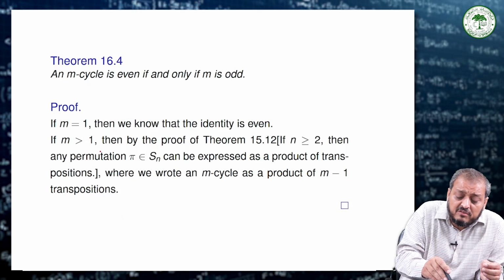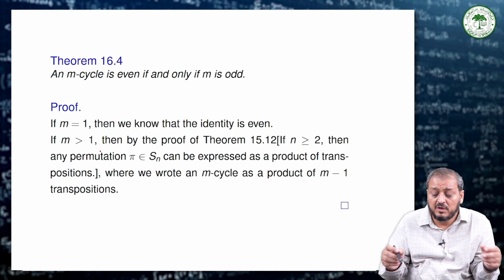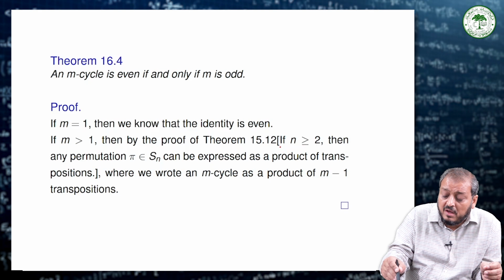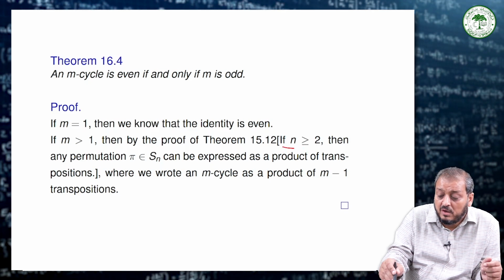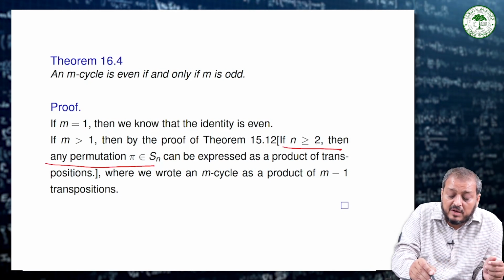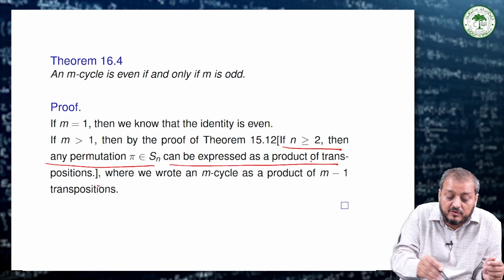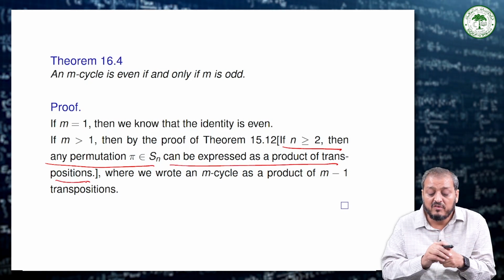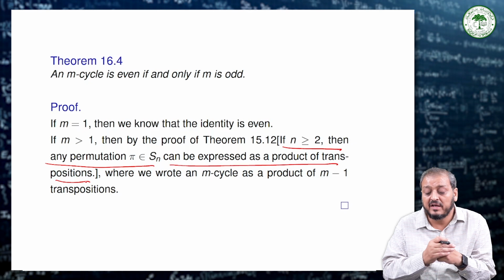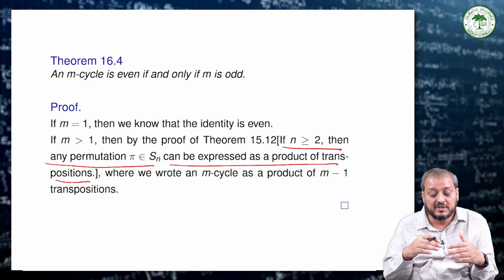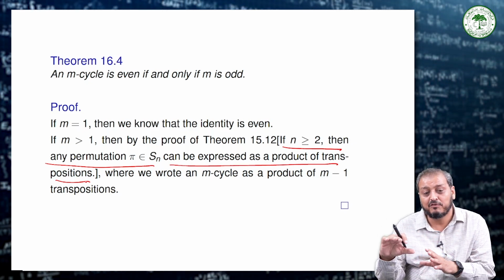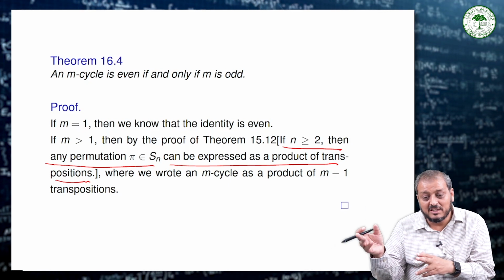Now if m is greater than 1, then by the theorem we just saw, if n is greater than or equal to 2, then any permutation pi belonging to S_n can be expressed as a product of transpositions. We also note that an m-cycle can be written as a product of m minus 1 transpositions.